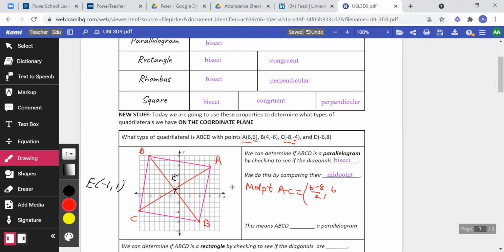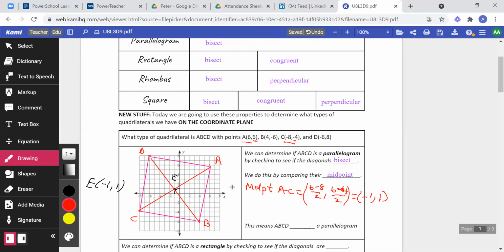Y value of C, -4, over 2. And 6 minus 8 is -2. -2 divided by 2 is what? -1. For the y value, 6 minus 4 is 2. 2 divided by 2 is 1. So I was able to find the midpoint of AC to be -1, 1.